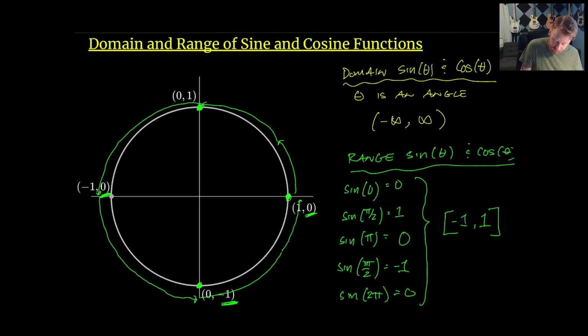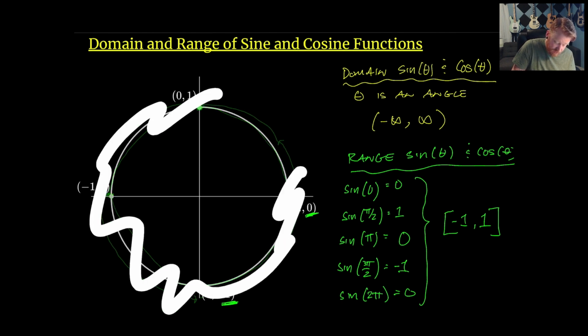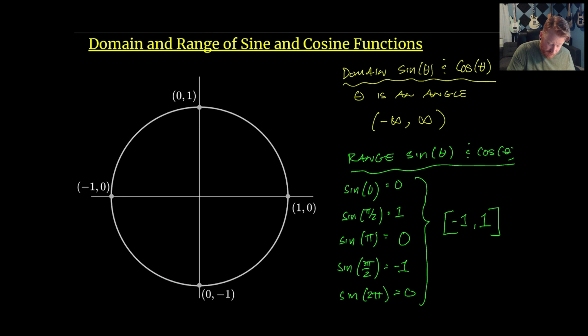As the outputs, we're starting at 0, they grow to 1, and then they turn around and head back to 0, and then they go all the way down to -1, and then they turn around and go back to 0. So they just bounce back and forth between -1 and 1. The same thing is happening for the cosine as well. Here we could start with 1 at 0 degrees.